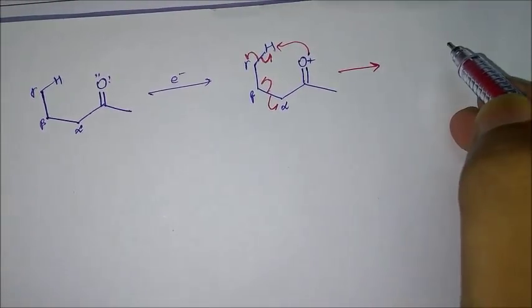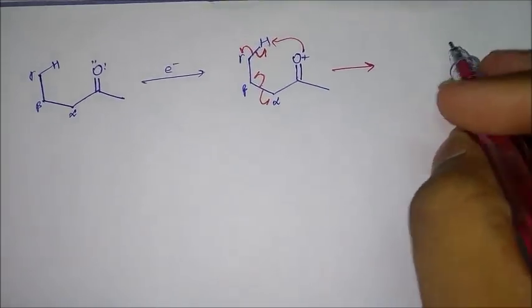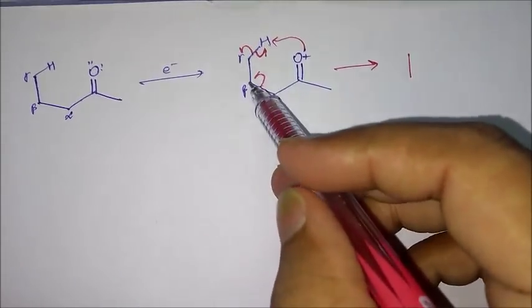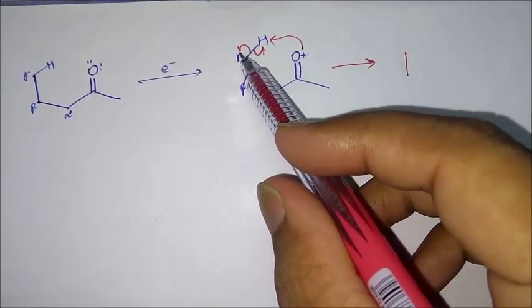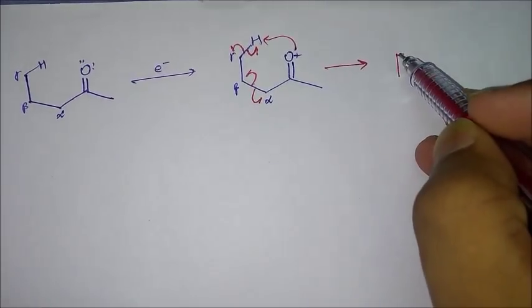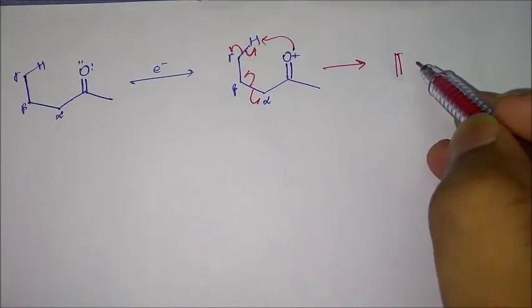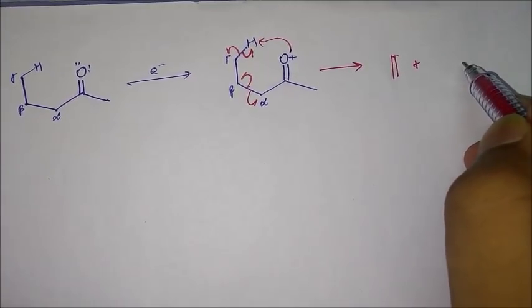So what will you get? Here a single bond was there, and one electron from here and one electron from there, so those two electrons will form a bond. So you get an alkene here. Plus what else?